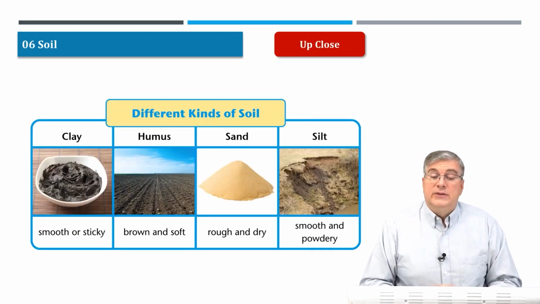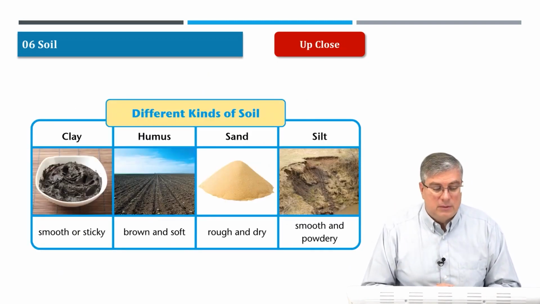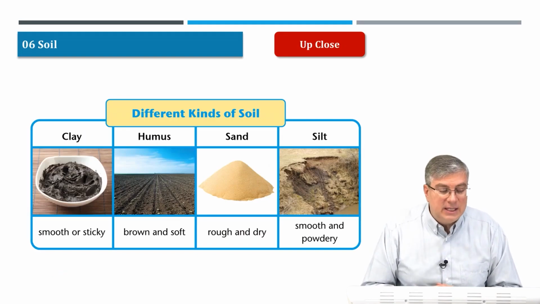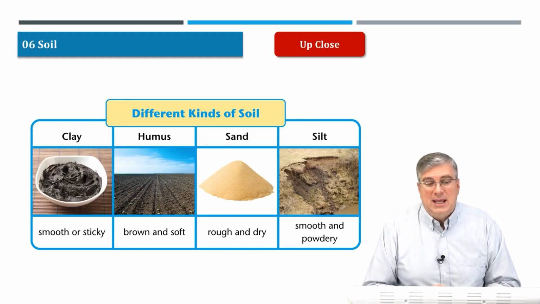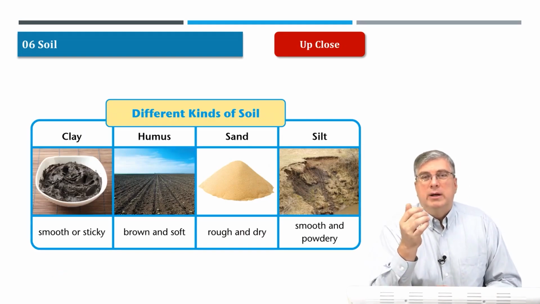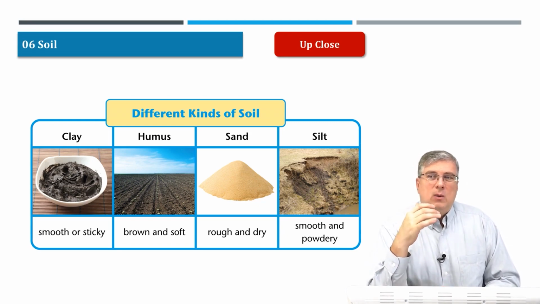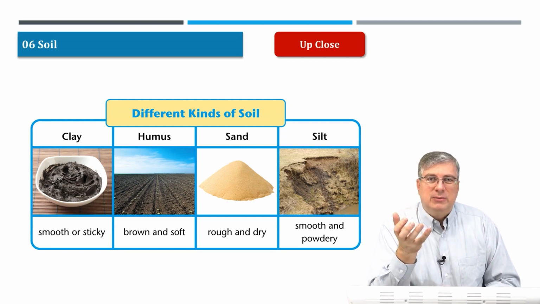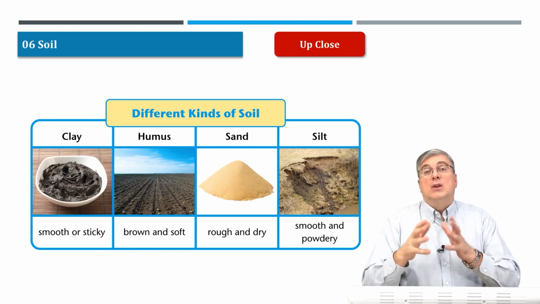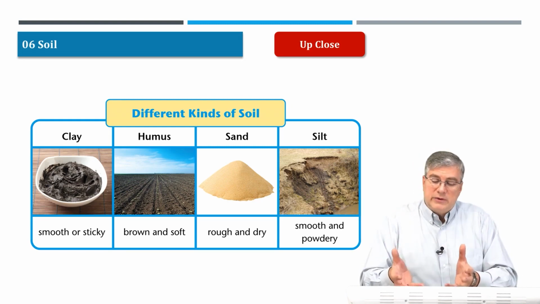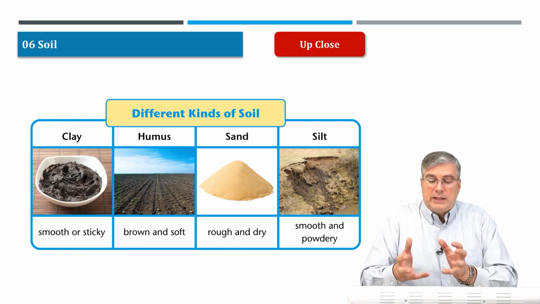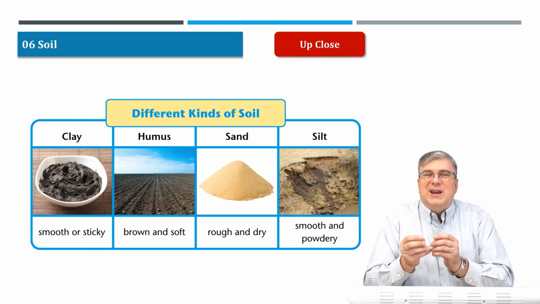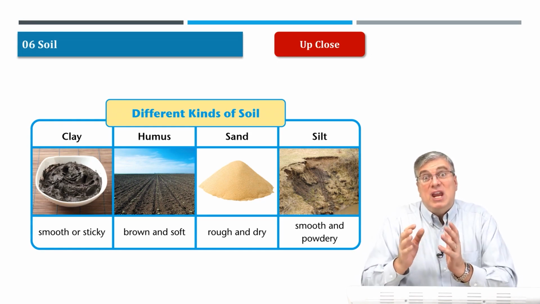Okay, there's different kinds of soil too, right? There's clay. Clay is smooth or sticky, and clay has water in it, right? So you usually find clay where there are rivers or streams. Clay is very important because a long time ago, right, people used clay and they realized if they get it wet, it's like wet mud, and they could shape it.